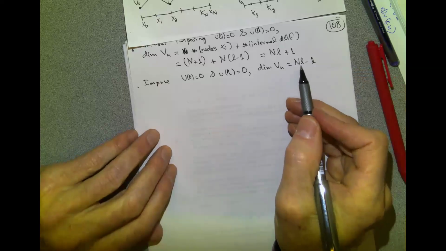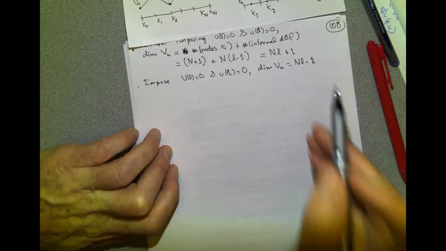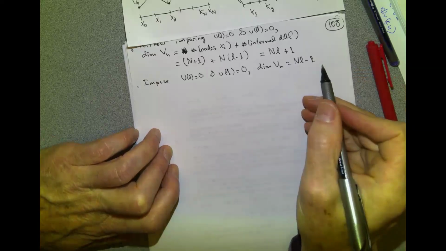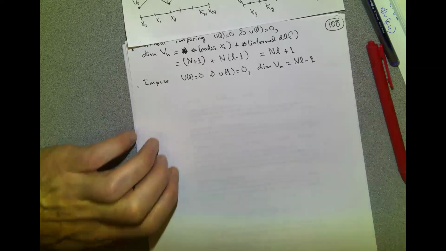So if we use linear element, I'm going to have n minus 1 internal nodes, so degrees of freedom. If I use quadratic element, that's going to be 2n minus 1, the size of the linear system, and you keep going like that.